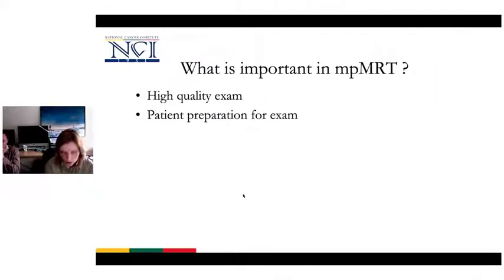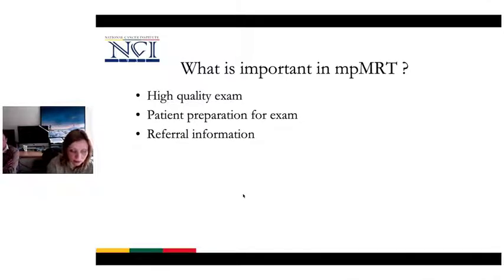Patient preparation: we recommend an enema before the exam, but some patients, especially those who have chronic obstipation, make this enema, and then we have a lot of peristaltic and motion artifacts. So sometimes it's not a good solution. Sometimes it's better to use a gas tube for such patients.